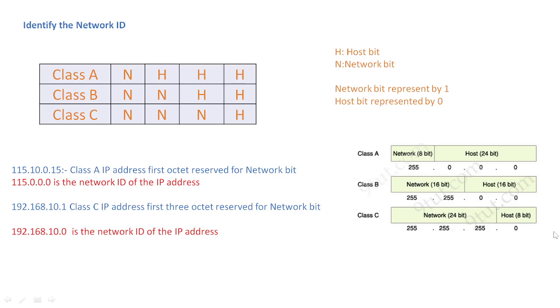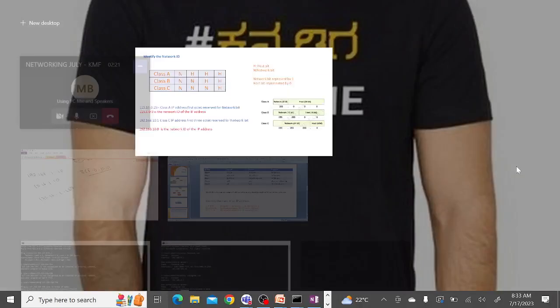So the class A subnet mask will be like this: 255.0.0.0. Correct? And class B is 255.255.0.0. Class C is 255.255.255.0. That is what I was asking earlier.